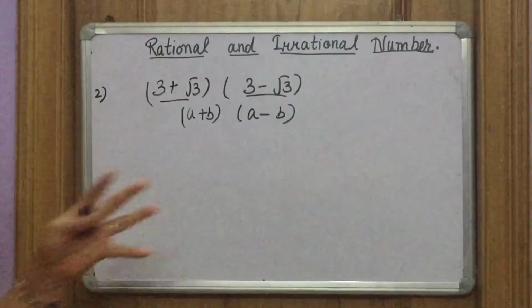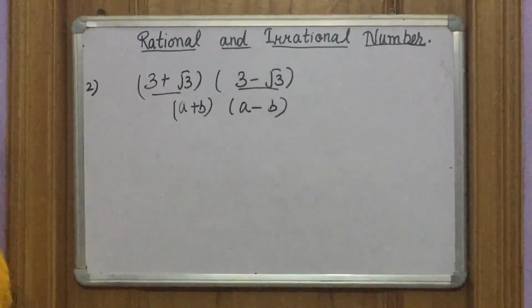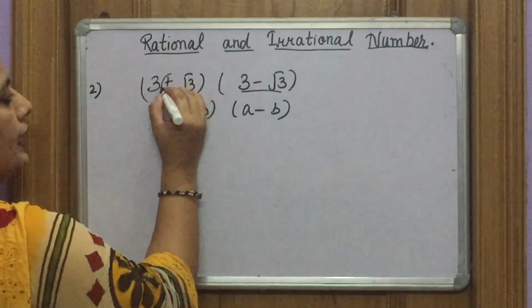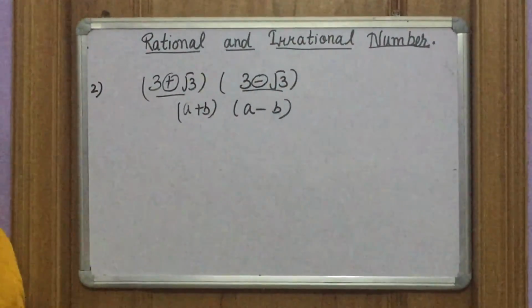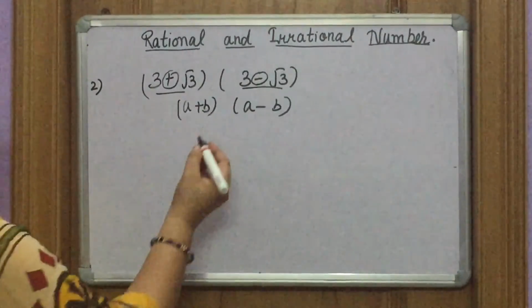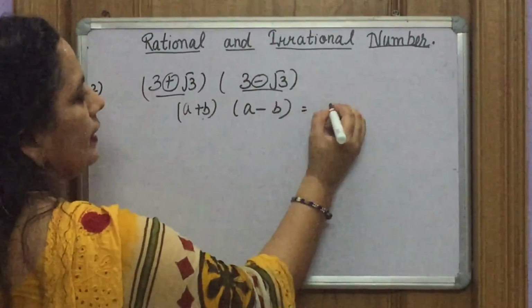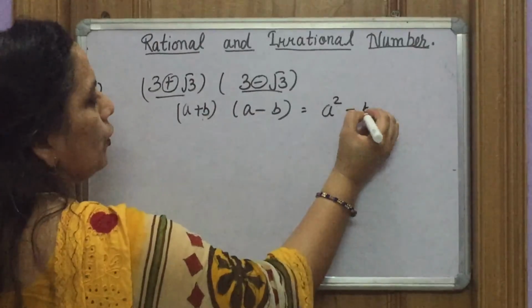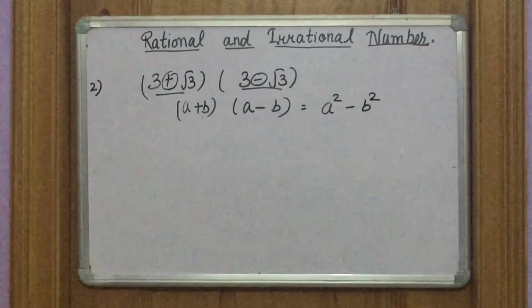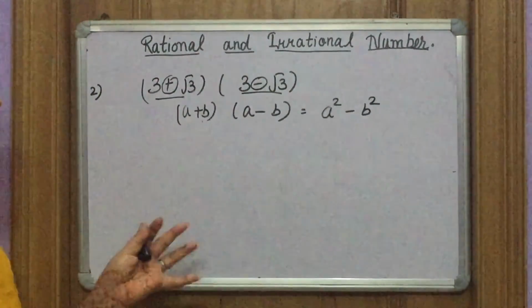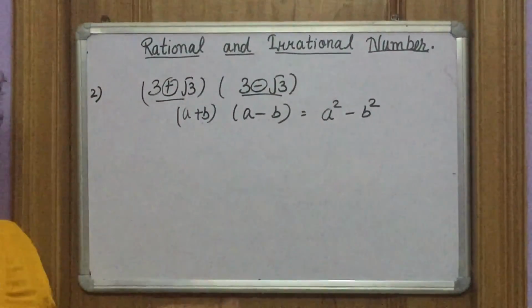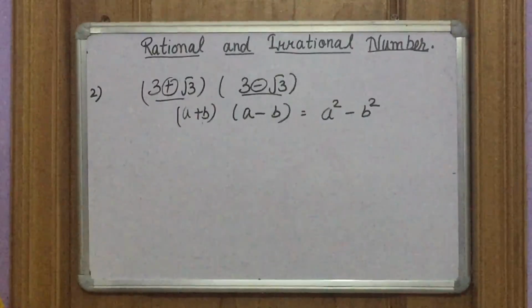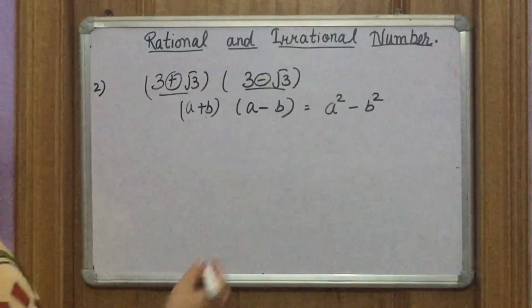If in the brackets both of the terms are the same and just the sign is changed, one is the sign of addition and the second one is the sign of subtraction, we can apply this identity and it will be equal to a square minus b square. You can apply the first method also, which we have already discussed in the first part. The answer will be the same from both methods.